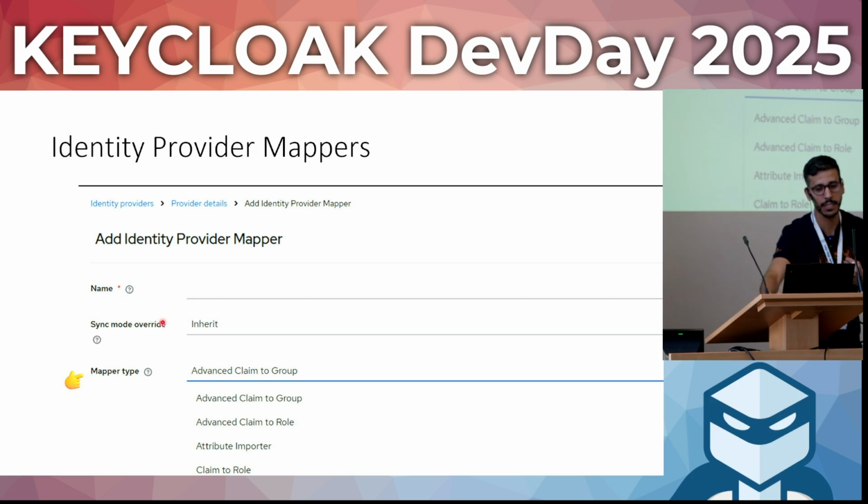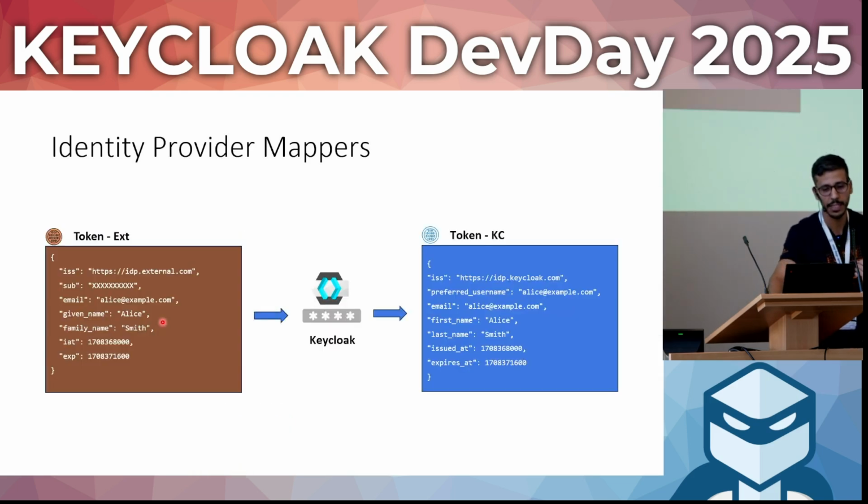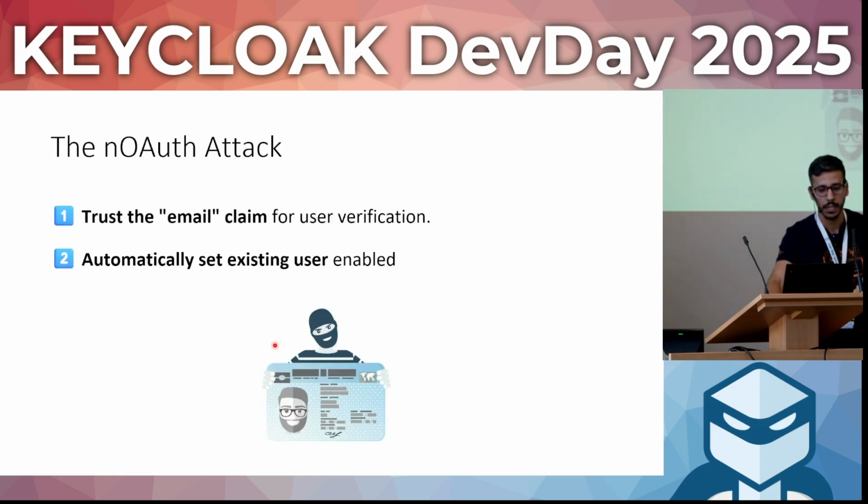This is done using identity provider mappers. Even if we have a naming convention that is different from what we know, using this feature we can map it to our internal representation. So for example, I can map the email address as a username, etc.